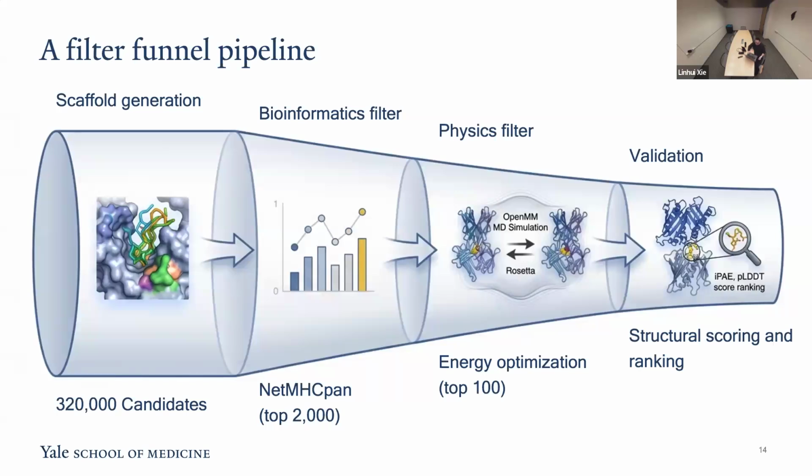And you will see that the innovation of this filtering stage, Stage 2, is that we group the different tools together and provide a consensus ranking to select the high quality peptides.